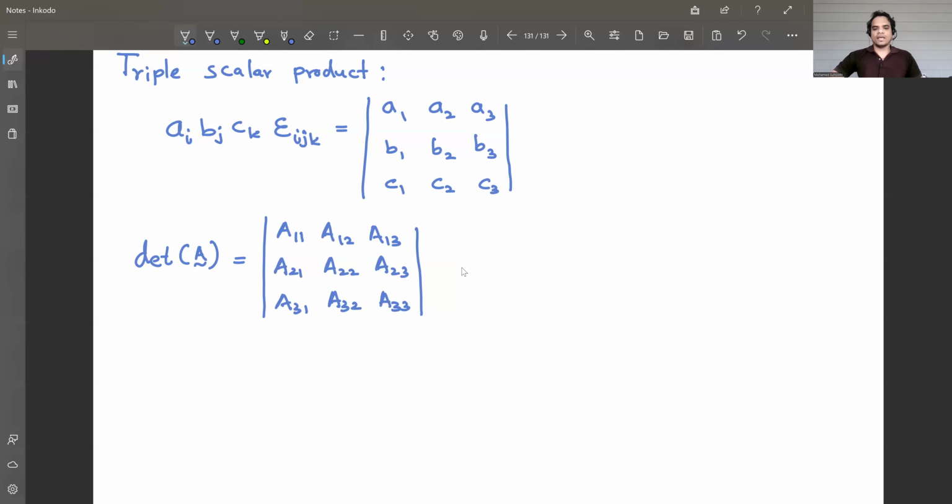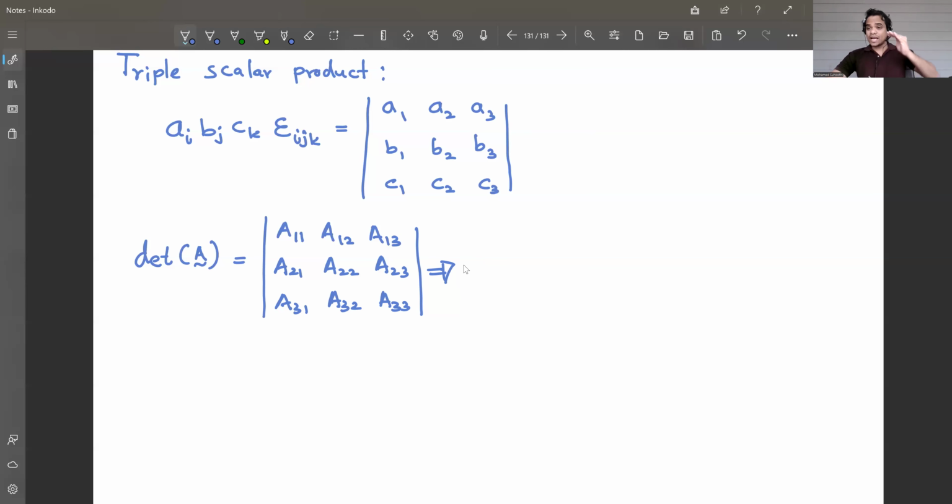Let's see. I'm going to use the previous one to represent this. In the first row, you can see the first subscript is A1, A1, A1, and only the second subscript is changing.